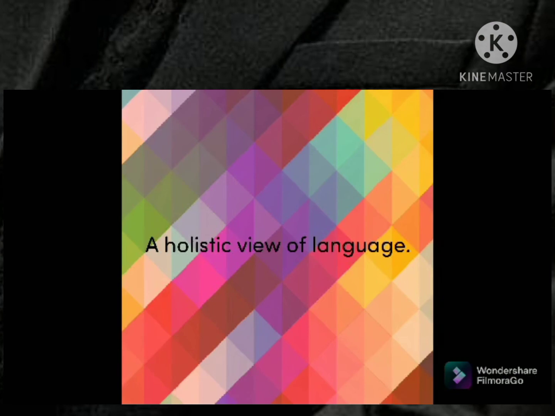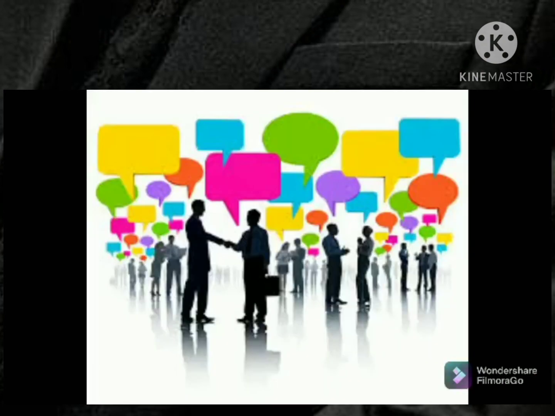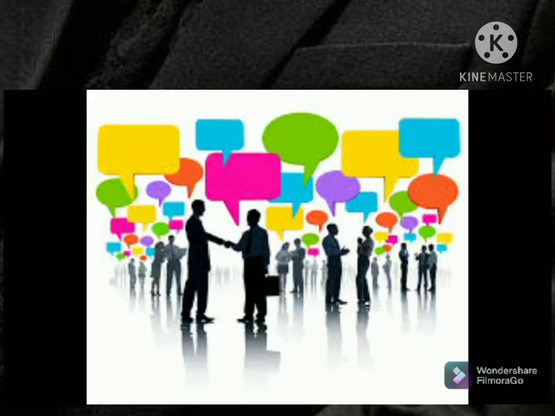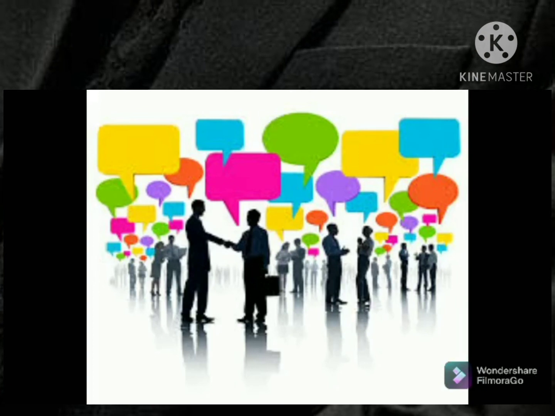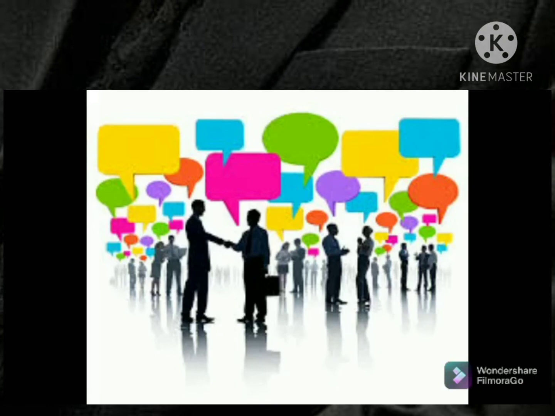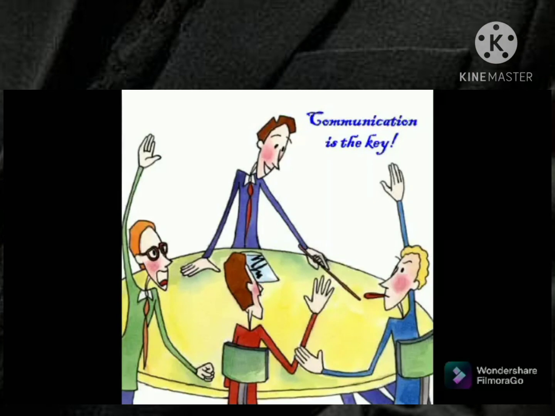For teaching, this contrasts with an atomistic approach to language, which attempts to analyze language into parts, such as grammatical structure or functional exponent, which can later become the content of a syllabus. A holistic approach would focus on everything that learners need to know to communicate effectively.